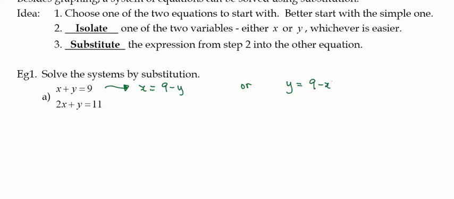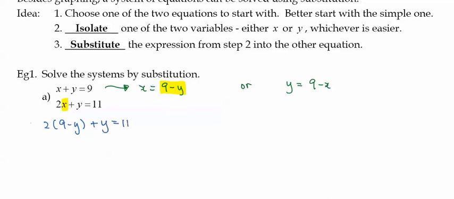Once I isolate one of the 2 variables, I will now make a substitution using what we came up with and plug it in. So let's see. If I have 9 minus y for x, I will now replace the x here with 9 minus y, giving us 2 times 9 minus y plus y equals 11.